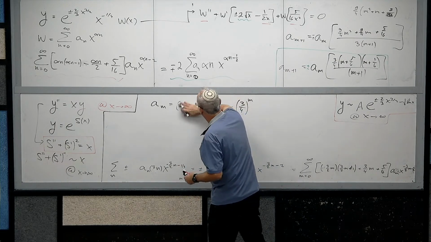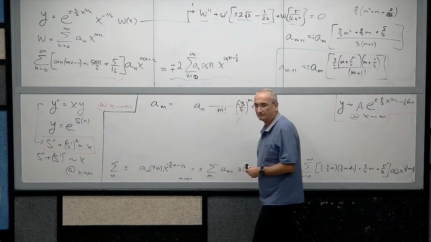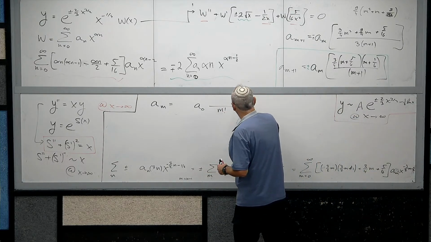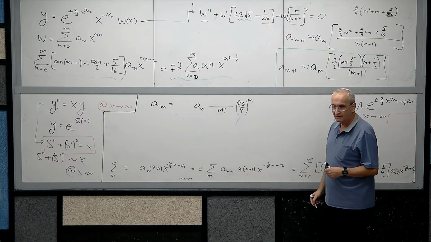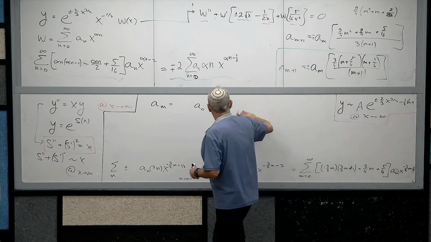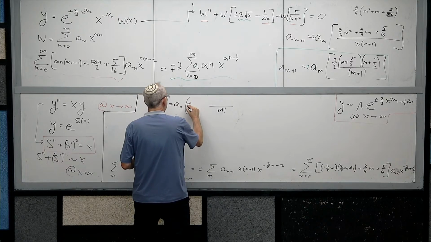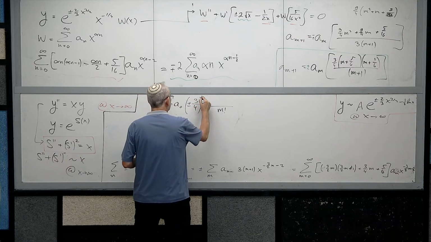Okay, so I can take this and put it in front of everything. So I have A0, and I have plus minus 3/4 to the power of m.